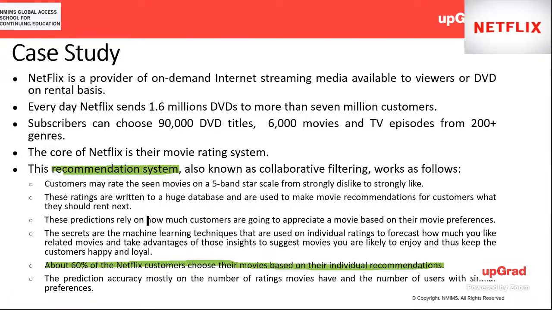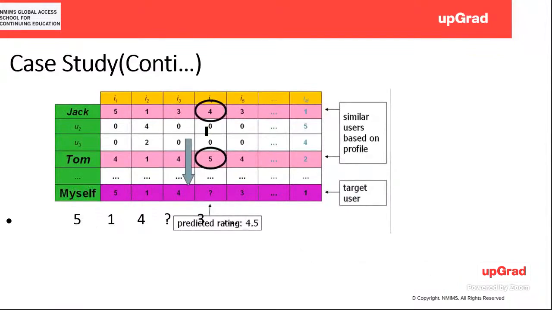So they will use collaborative filtering. Suppose you can see here, they want to forecast the movie rating for this one, because here it is a question mark, right? They have seen that there are two users who are similar to this one, Jack and Tom. Jack and Tom have rated this movie 4 and 5.